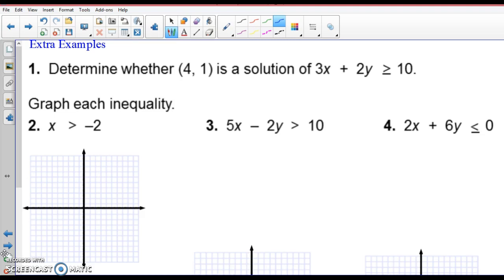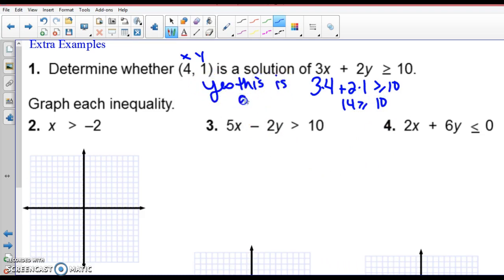Because if it's a solution, it makes it true. This is x, this is y. So, 3 times x, which is 4, plus 2 times 1 is y. Is that greater than or equal to 10? That's 12 plus 2 is 14, which is greater than or equal to 10. So yes, this is a solution.